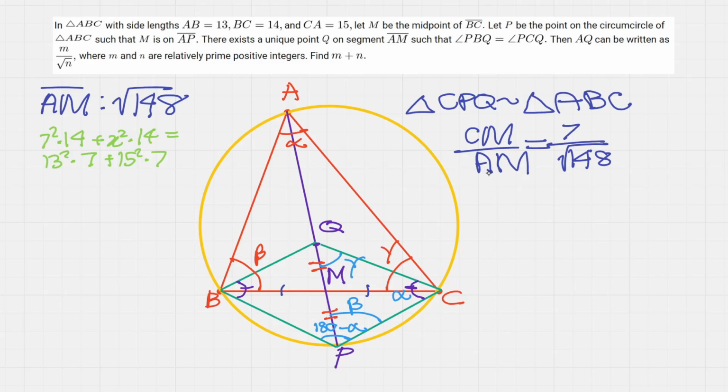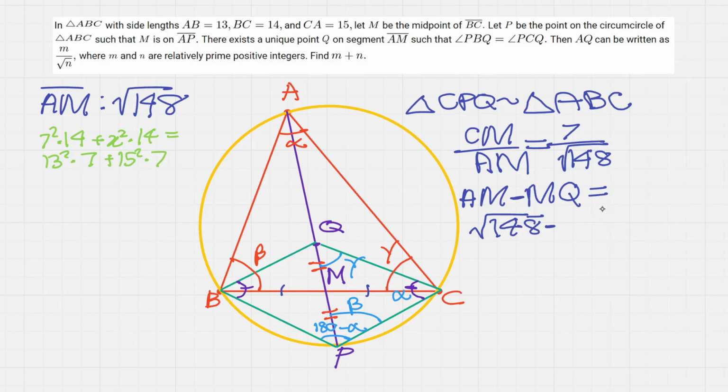And now we're really at the home stretch here because the problem is asking for the length of AQ. But AQ is just equal to AM minus MQ. But AM is just equal to square root of 148. And now MQ, let's do this really quick. So MQ is basically the corresponding length in triangle CPQ as the length MC is to triangle ABC.